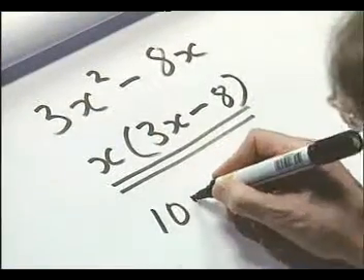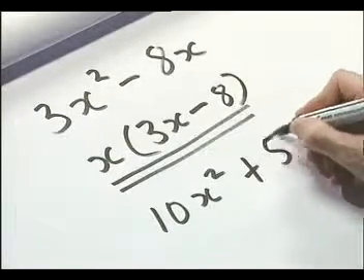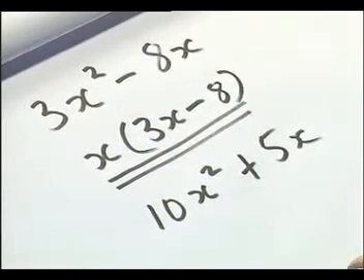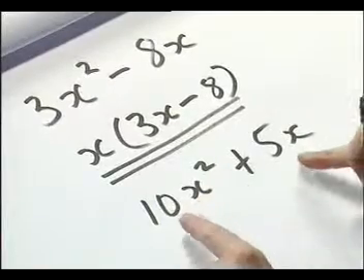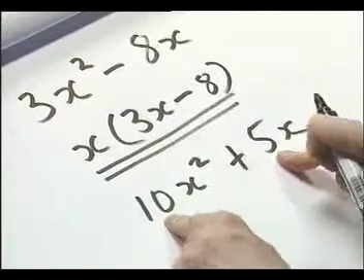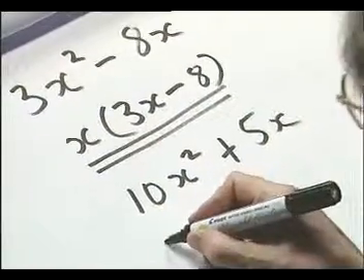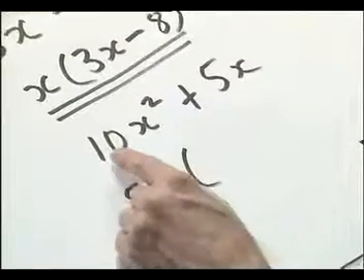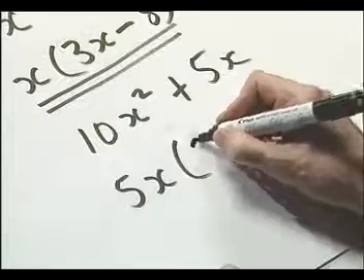What if, say, we had 10x squared plus 5x? Well, again, we look for a common factor. Obviously, there's an x as a common factor again, but there's more this time because there's 10 and 5, which share a common factor of 5. So we need to pull out the whole of that as 5x. 5 times by 2 will give us the 10.